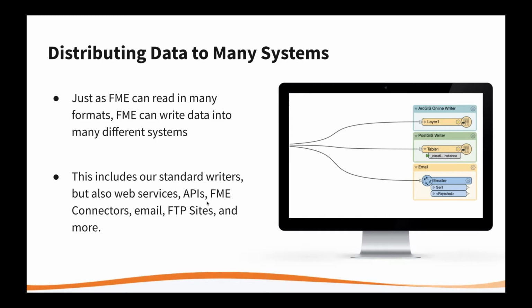So if you're working with an application that has a REST API, for example, you can send post requests and send data out there and communicate with that API, pull data in to enrich your data sources or anything that you need. We also have various FME connectors that are just built-in transformation tools to let you connect to different systems. You can upload data to FTP sites. Really, the sky's the limit there. So if you know where your data needs to go, there's lots of different options to get that data where it needs to be when you need it.